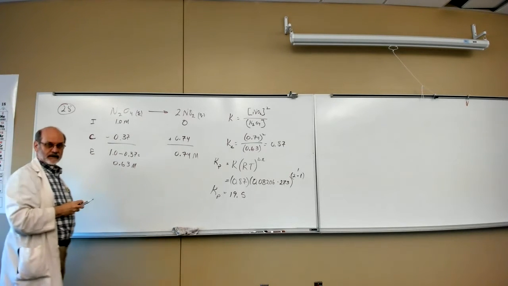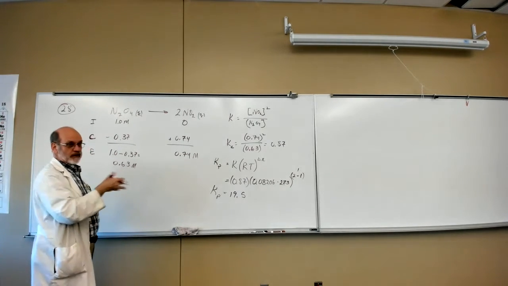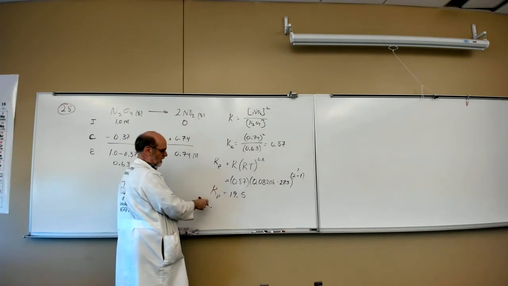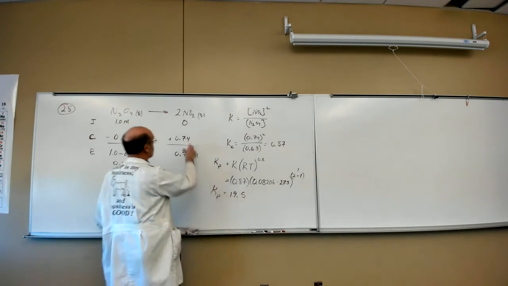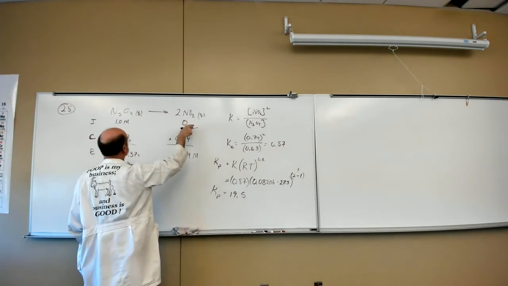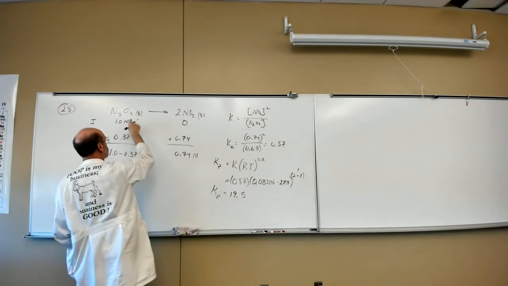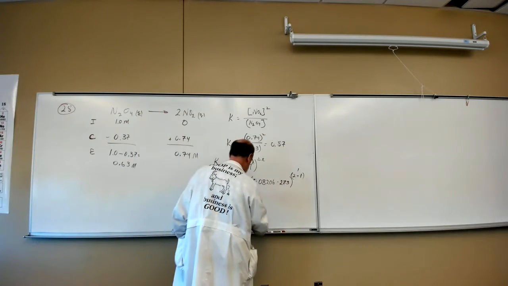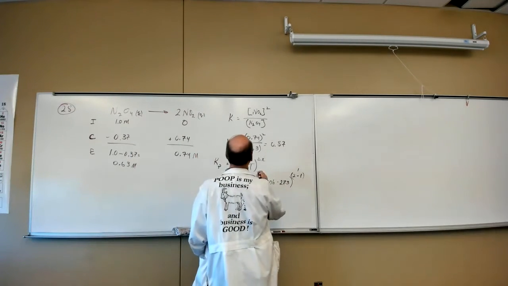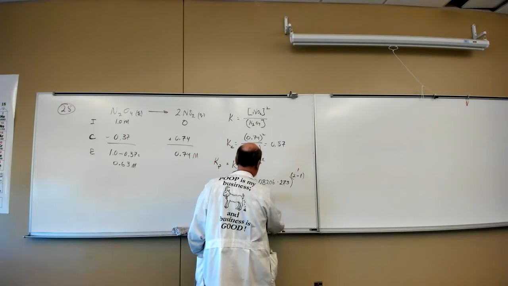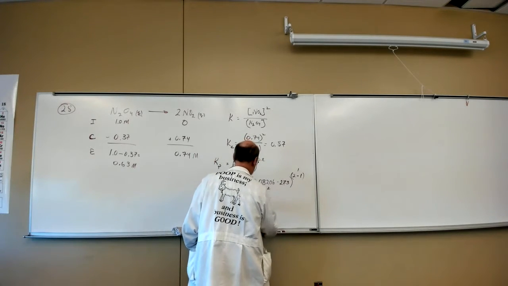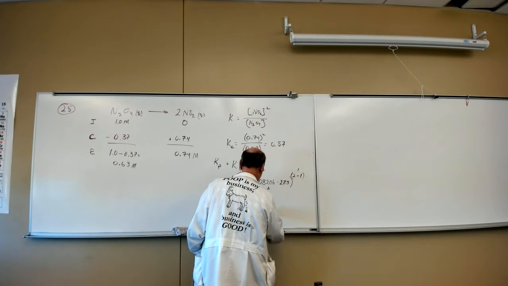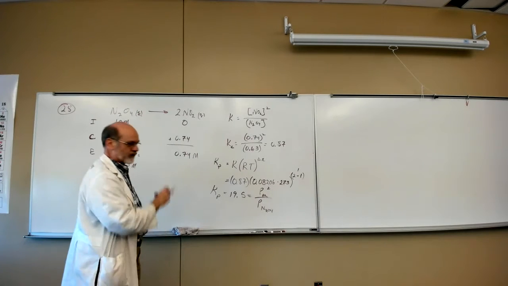Since we're not given units of measure, we have to know exactly where this came from. Partial pressures dictates that it's that pressure squared divided by this pressure. So this would be equal to NO2 squared divided by N2O4.